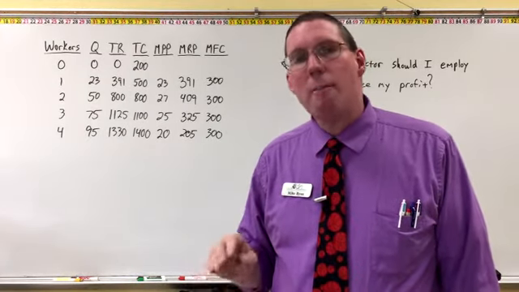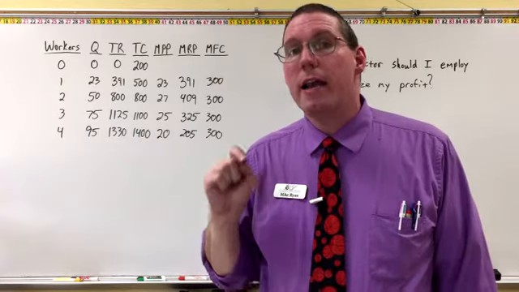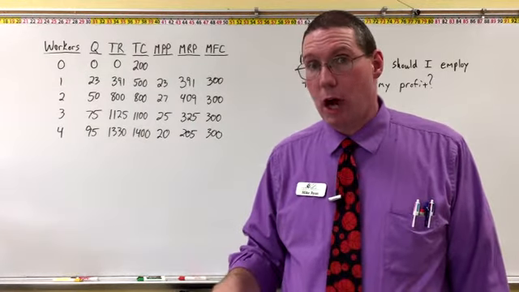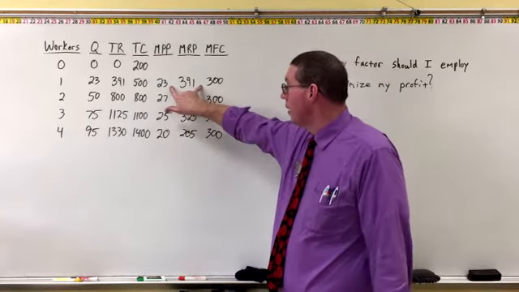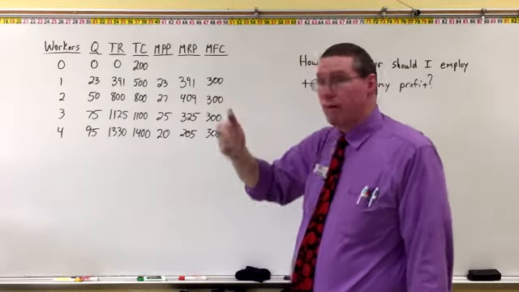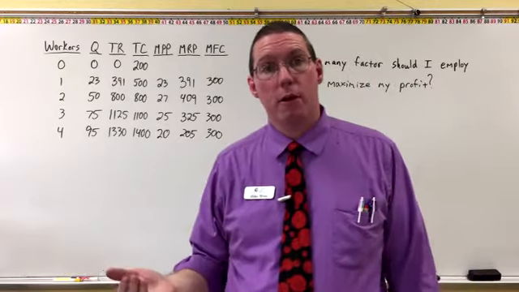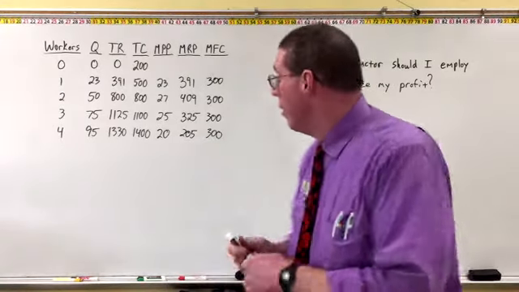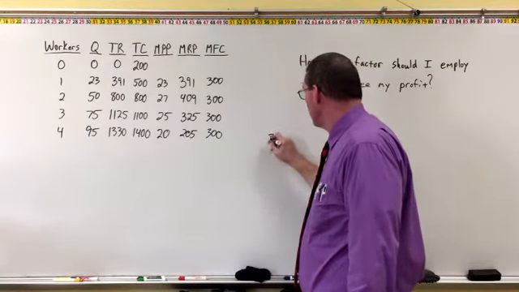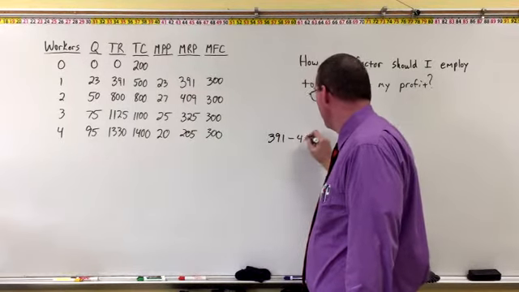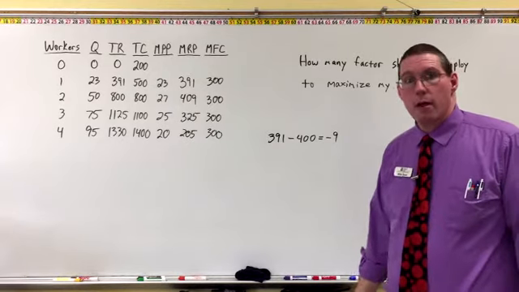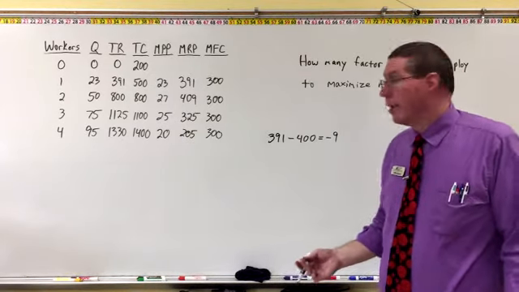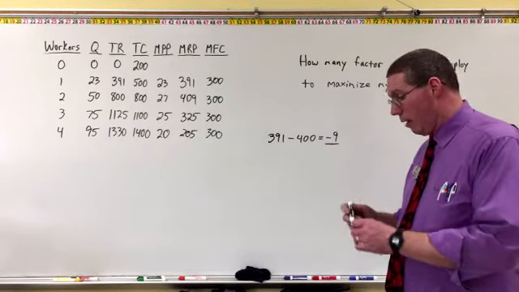But how much will they absolutely not pay John? Well, they definitely won't pay John more than $391, because if they pay John, let's say $400, and he only earns them $391, then they'll earn $391, they'll pay him $400, and they will be at negative $9. They're better off not even hiring John than being at negative $9.